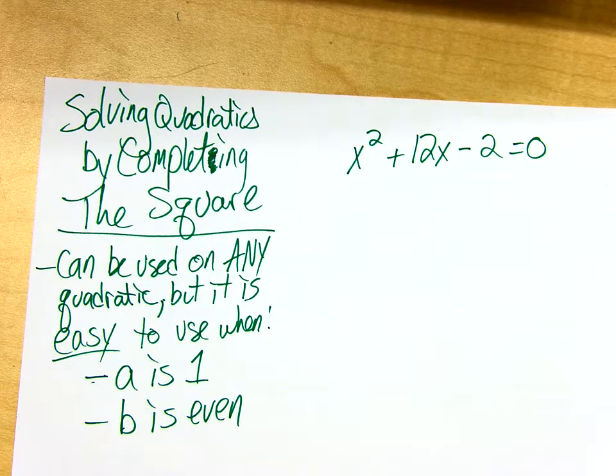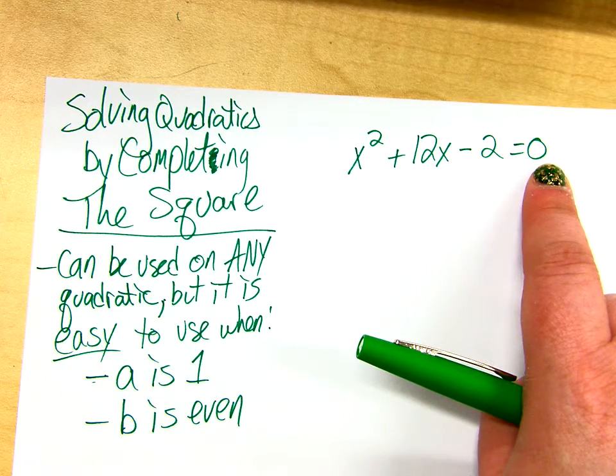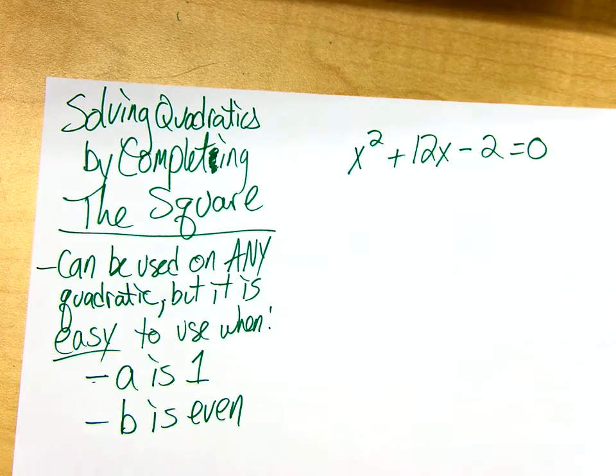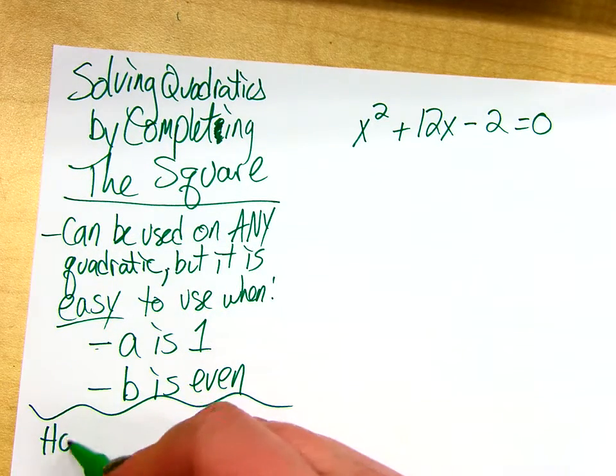So the first thing that you want to do is take whatever c is and move it to the other side if it's not already there. Oftentimes that's already done for you, but if it's not, I'm just going to add 2 to the other side.